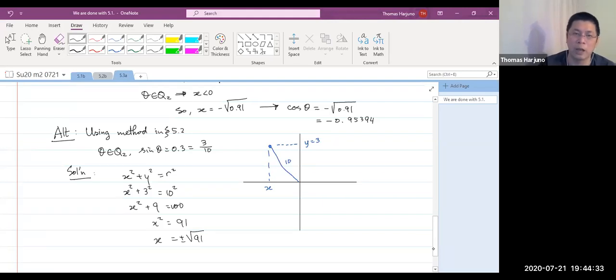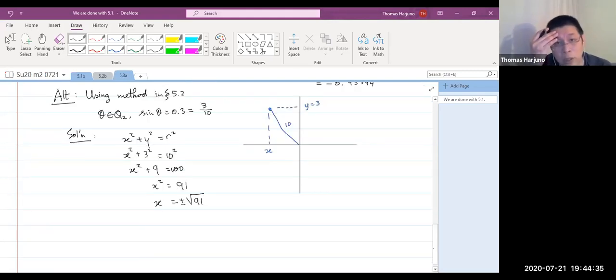But here, x is not the cosine though, because it's not a unit circle. The radius is not 1. But since theta is in quadrant 2, then x is negative. So x equals negative square root of 91.